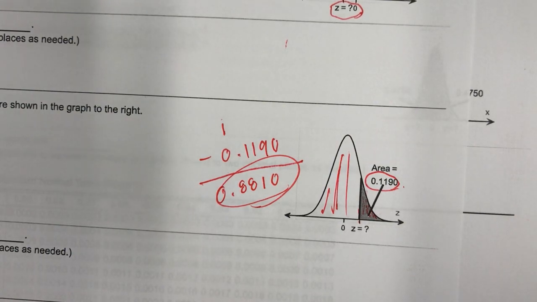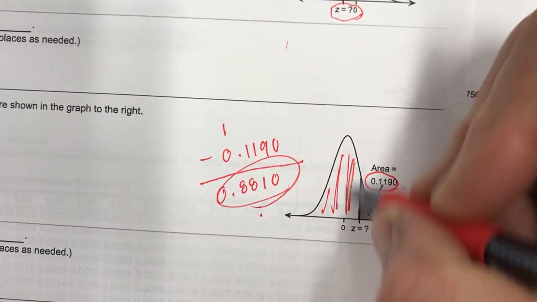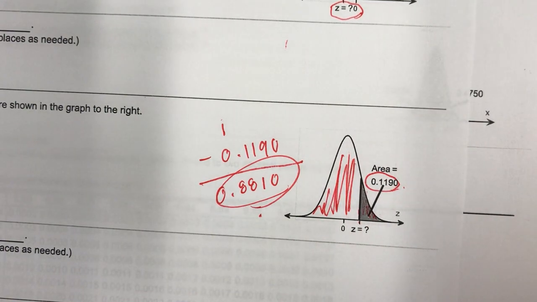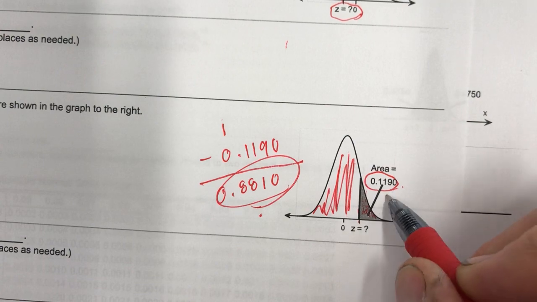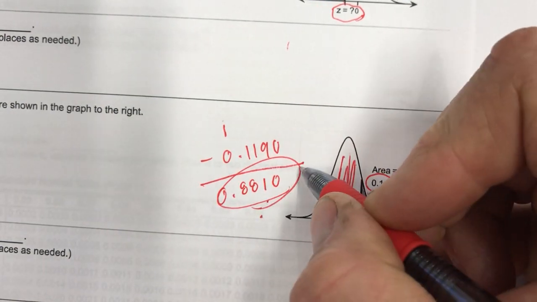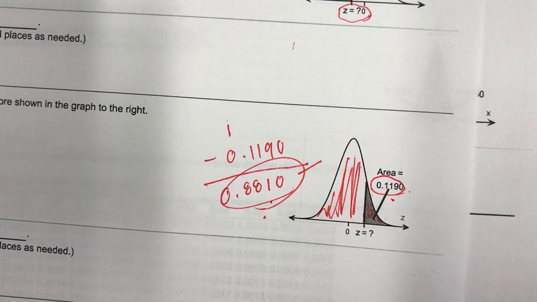When I subtract this, okay, this is what I look up, because see, that's this part to the left is what the tables are. The tables are to the left of the z value. So since I want this to the right, I've got to subtract it from 1, and then look up that value. So I'm going to look up 0.8810.